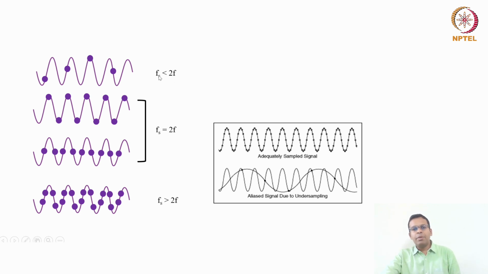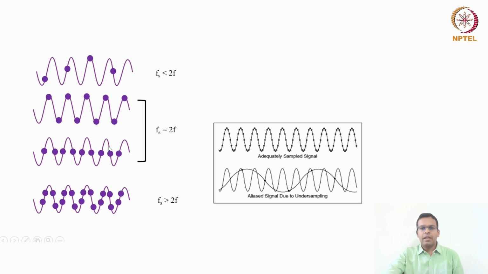If the sampling frequency is less than 2 times the wave frequency, then it will represent a faulty wave, because with this sampling frequency this wave looks like this. You cannot see the real pattern of the wave. But here the sampling frequency is equal to 2 times the wave frequency. If you sample this wave at these positions, or maybe at these positions, then you can see the actual wave pattern of this signal.